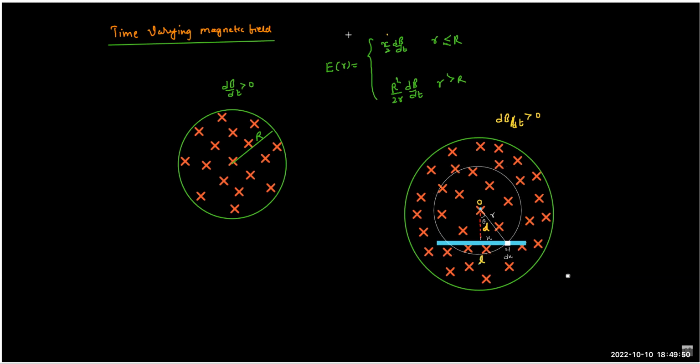the direction of B will be, so the direction of E will be in this sense. Okay, it's not visible. Let me make it visible.